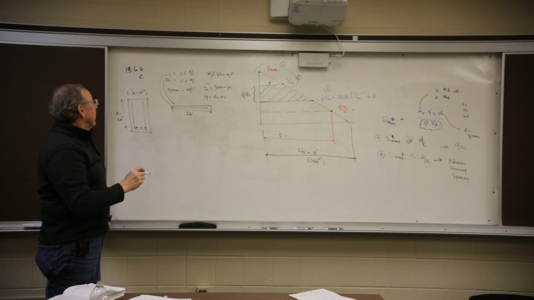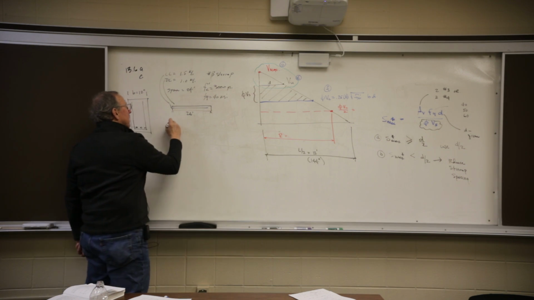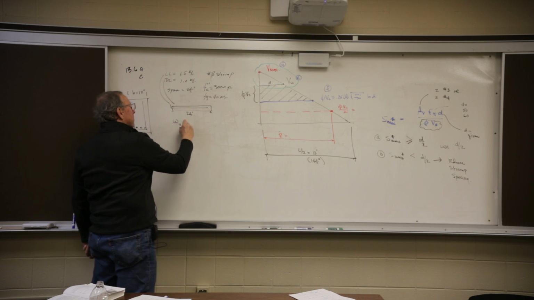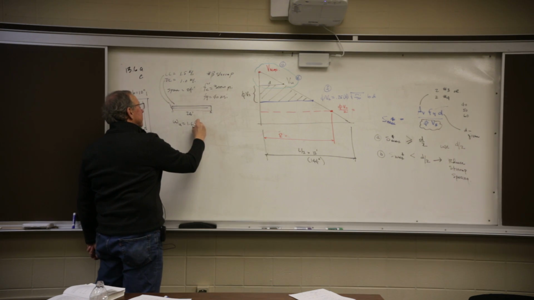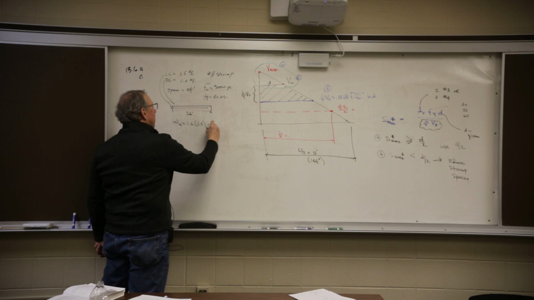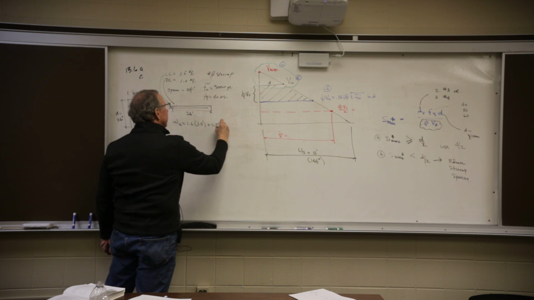So how do you find the reaction? Well, little WU is 1.6 live plus 1.2 dead.